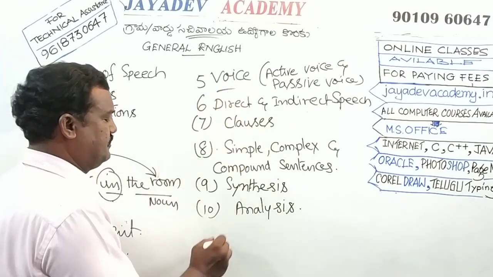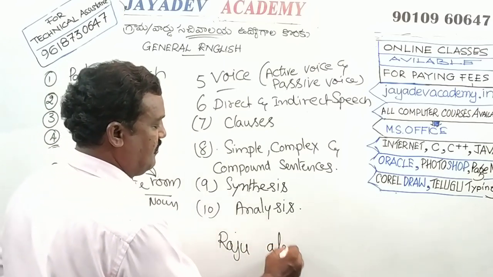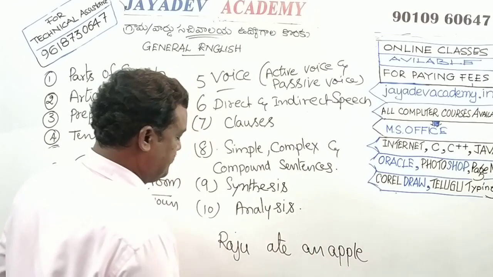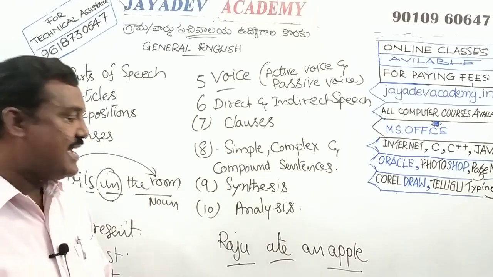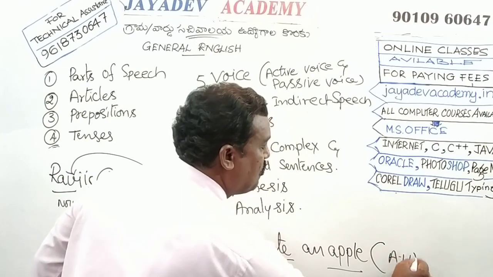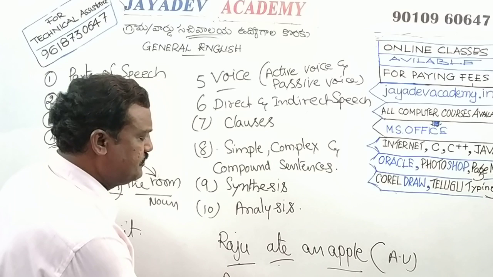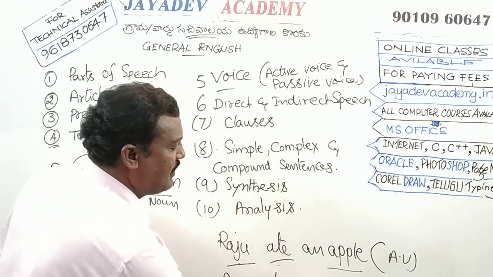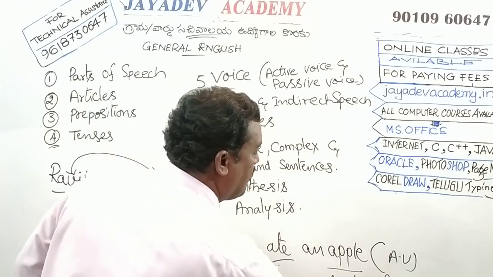For example, Raju ate an apple. Raju here did the action. The action is eating. So this sentence is said to be in active voice. Now come to passive voice. An apple was eaten by Raju.